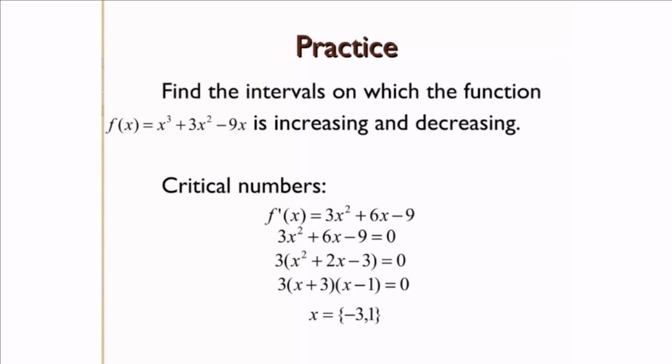Now, by putting first derivative is equal to 0, now this is quadratic equation. By solving this quadratic equation, by using middle term break method or factorization method, we get two critical numbers minus 3 and 1.